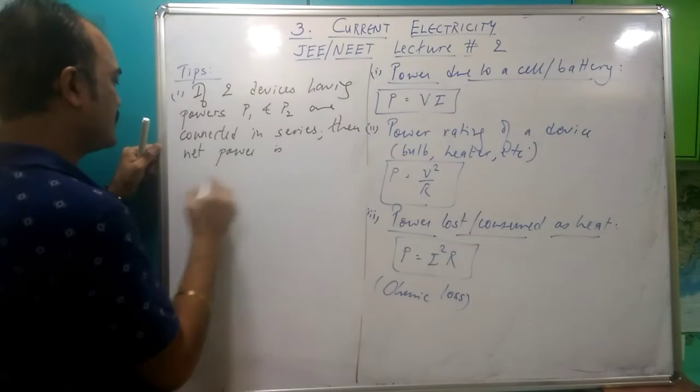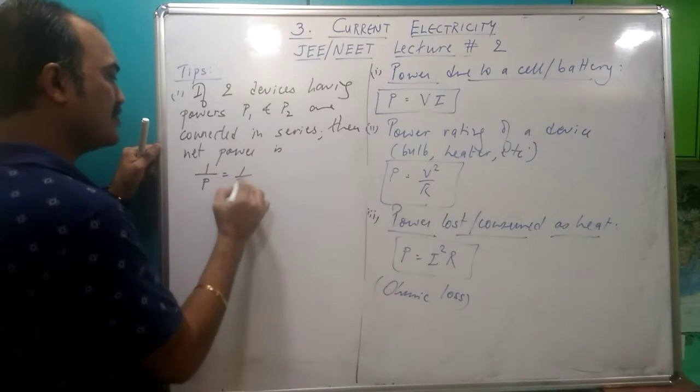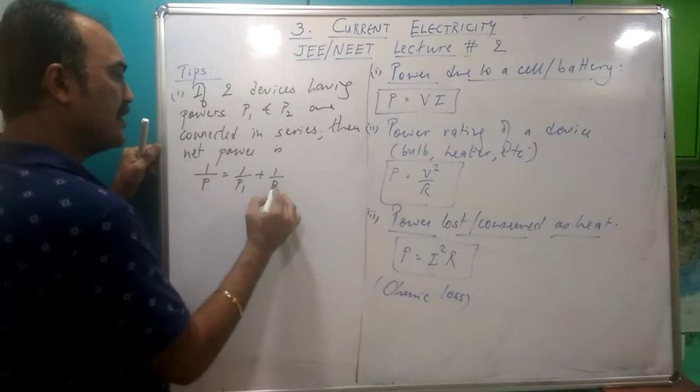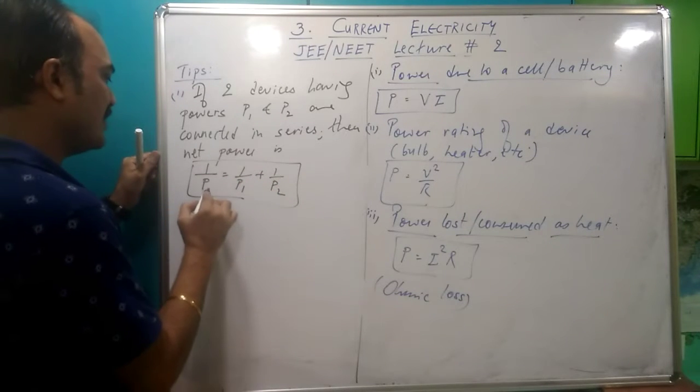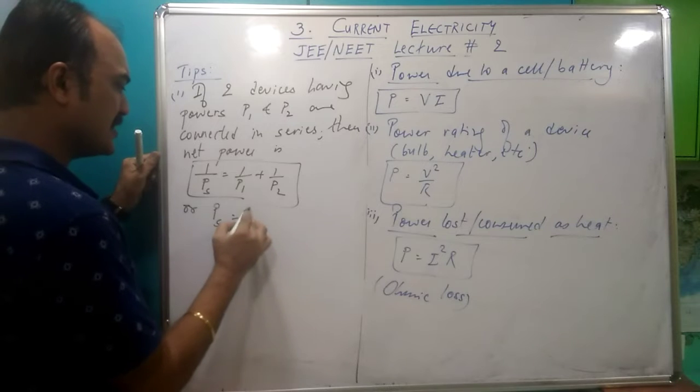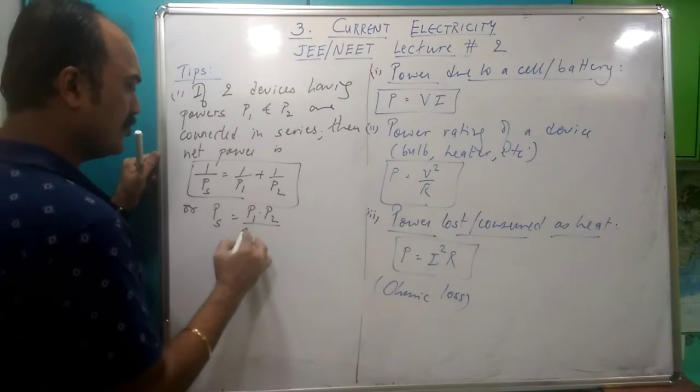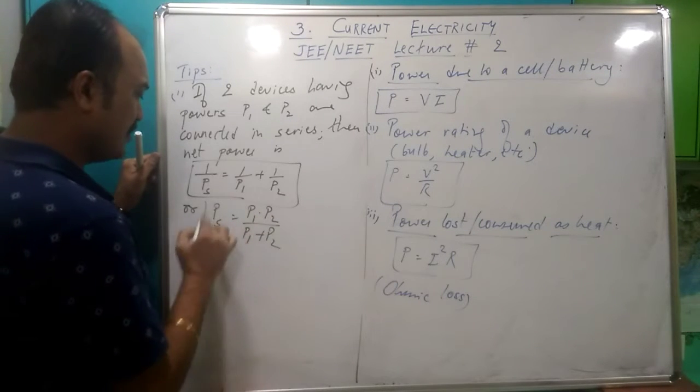The net power is 1 by P is 1 by P1 plus 1 by P2. Or we can call it PS: PS is P1 P2 over P1 plus P2.